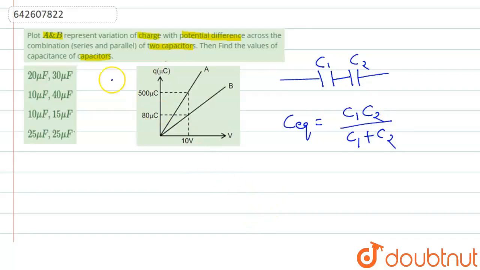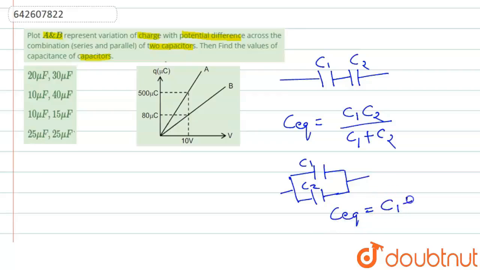And if we write for parallel combination, let's say this is capacitor C1 and this is C2. So C equivalent for this combination will be C1 plus C2.